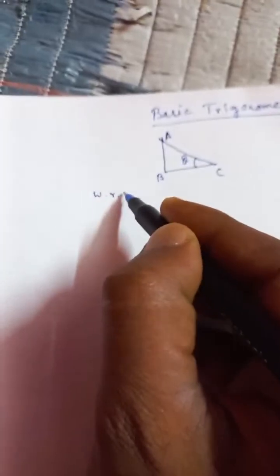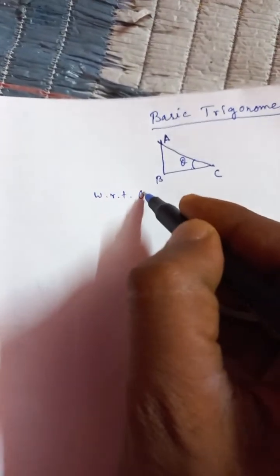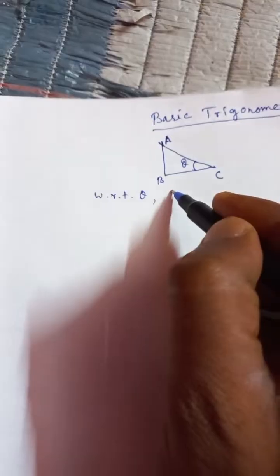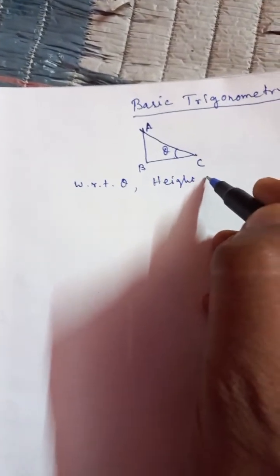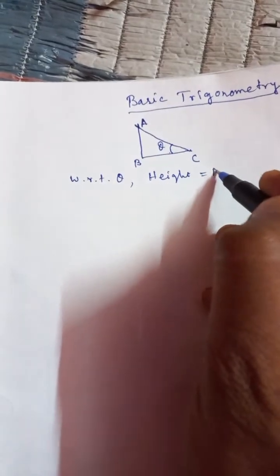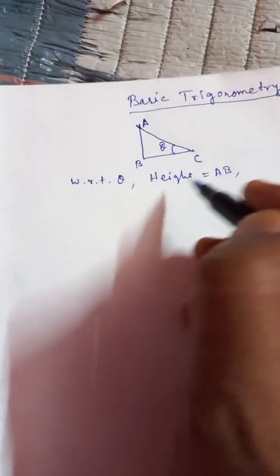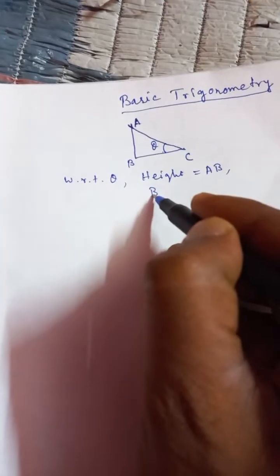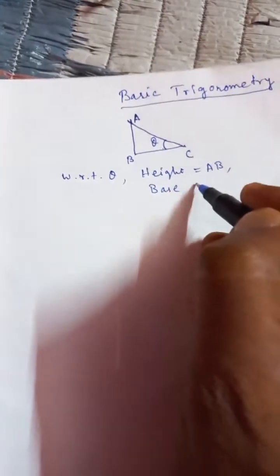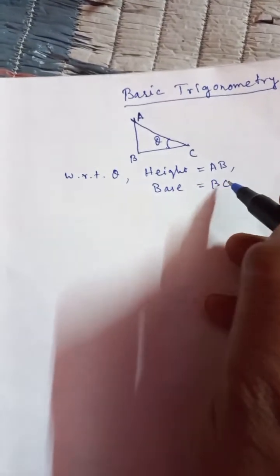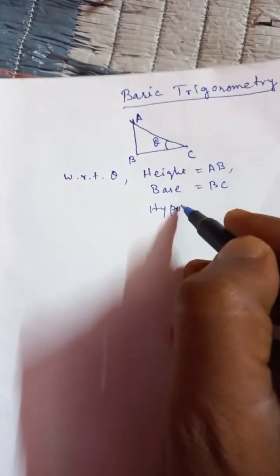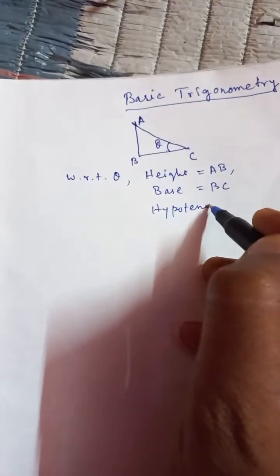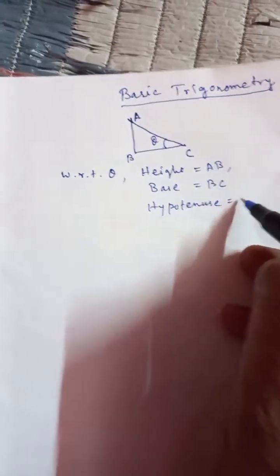With respect to the angle theta, the height is equal to AB, the base is equal to BC, and the hypotenuse is equal to AC.